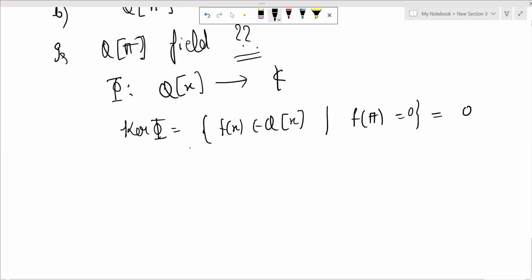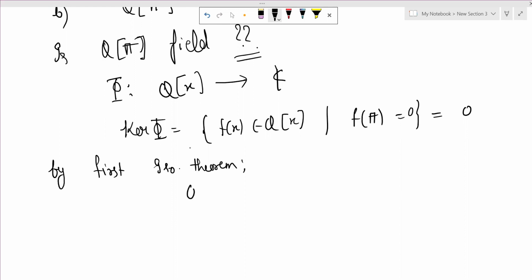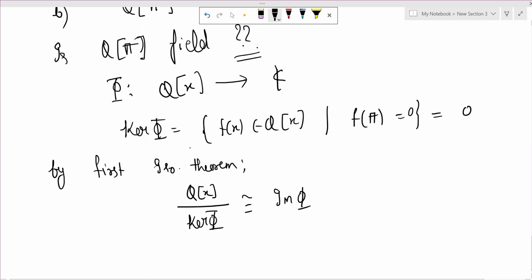So by the first isomorphism theorem, Q[x] modulo the kernel of phi is isomorphic to the image of phi, which is defined as Q square bracket pi.